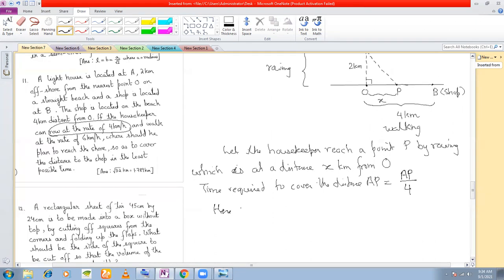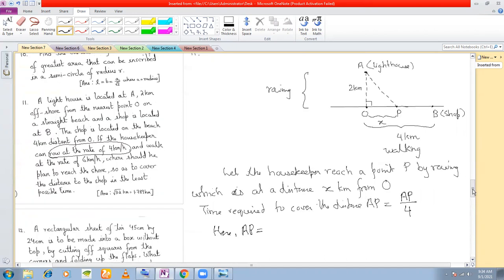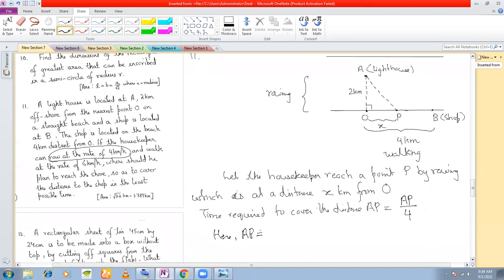AOP is a right angle triangle, so AP is equal to the square root of x squared plus 2 squared, which is root over x squared plus 4.